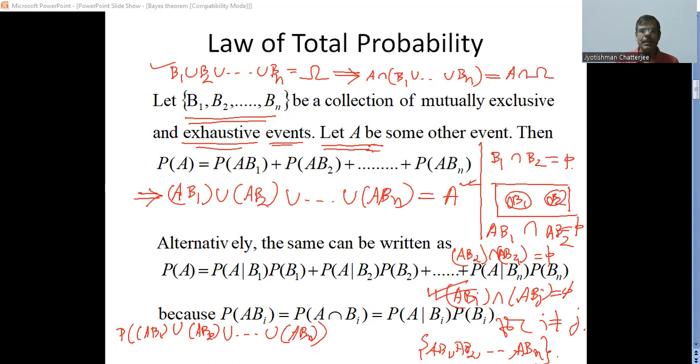So here, the probability of this union will be nothing but the summation of the individual probabilities. So probability of A intersection B1 plus probability of A intersection B2 plus probability of A intersection Bn.